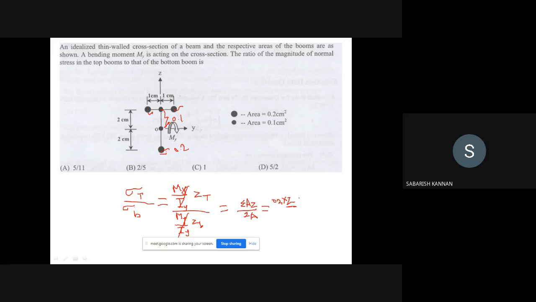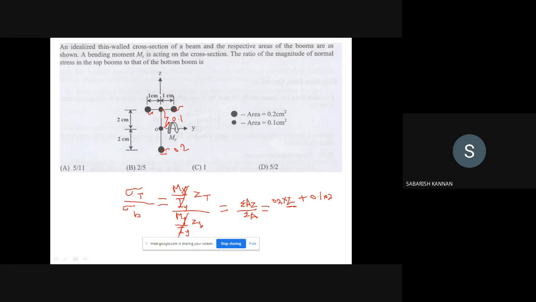Point 2 into 2 plus 0.1 into 2. Point 2 is the area of the section A, and 2 is the distance from the centroid O, which is 2 centimeter.